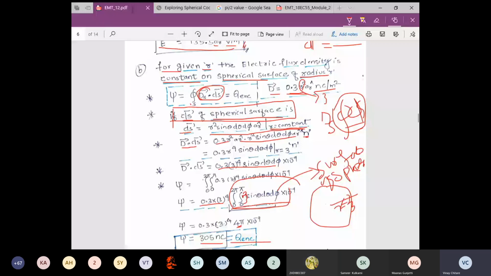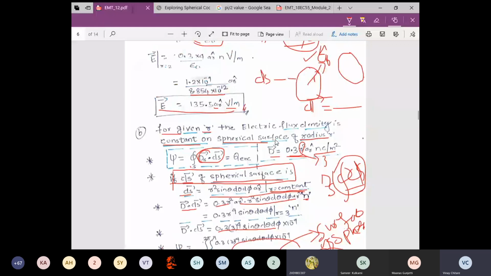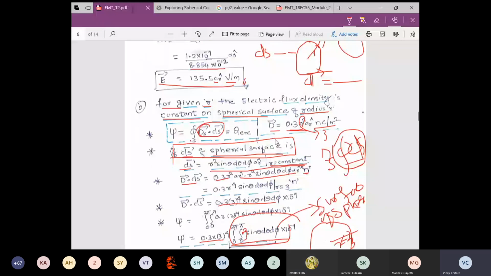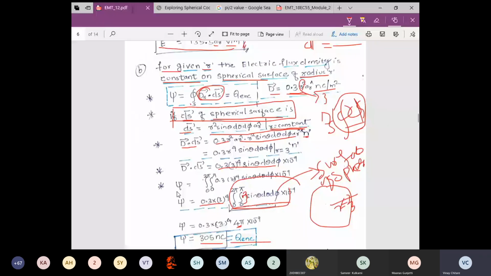Yeah, first problem we found. Second line, sir. Okay, the B part. Yes, what happened? Can you explain it again? Okay, can I explain once again?